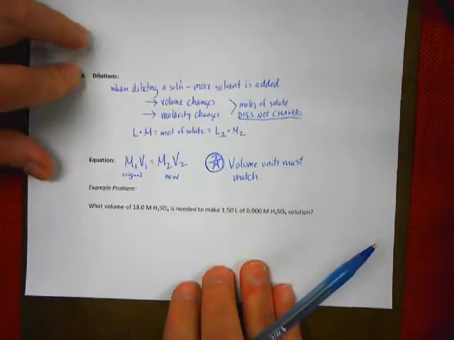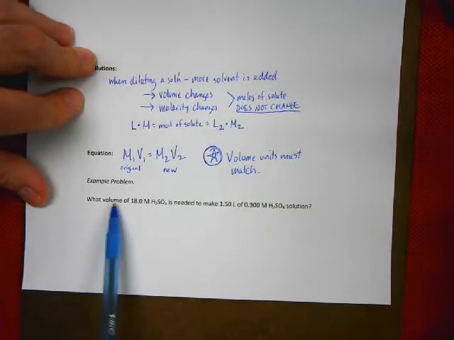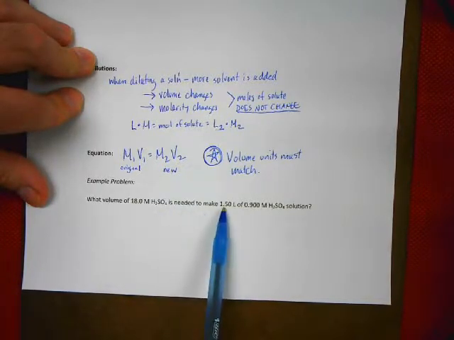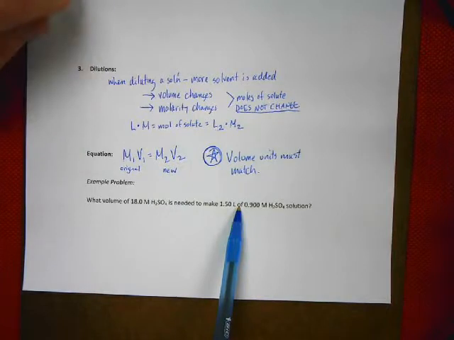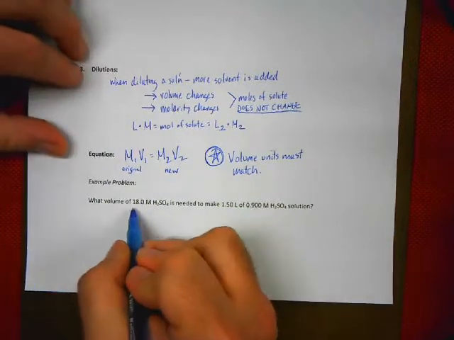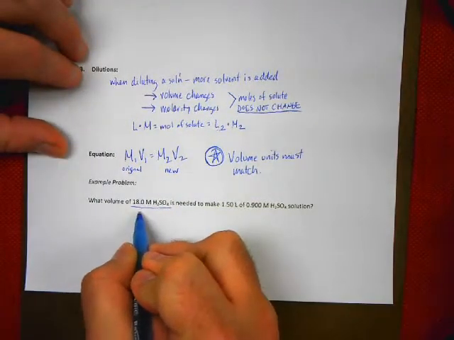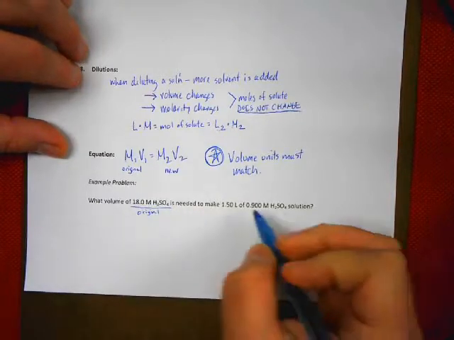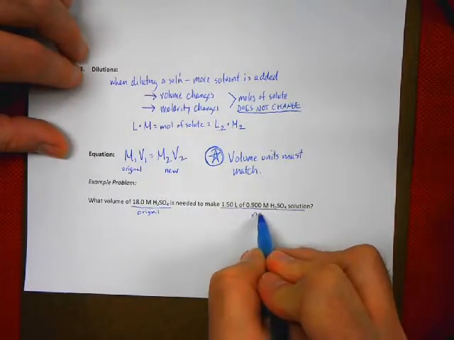So if we look at our example problem, what volume of 18.0 molar H2SO4 is needed to make 1.50 liters of 0.900 molar H2SO4 solution? So here is our original. Here is our new.